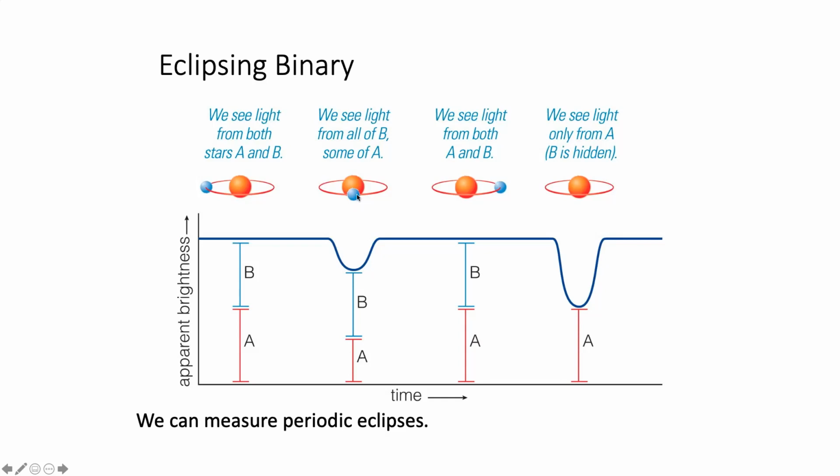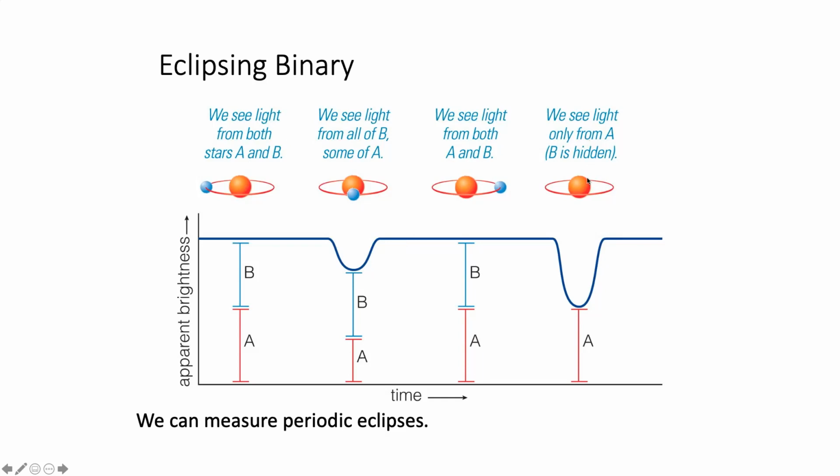Then star B passes and it goes back to the maximum value. In this position, it's pretty much the same as the first, except star B is on the opposite side, so we're getting the full brightness from both of them.